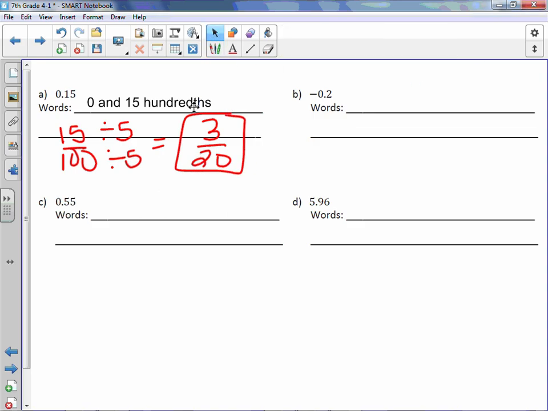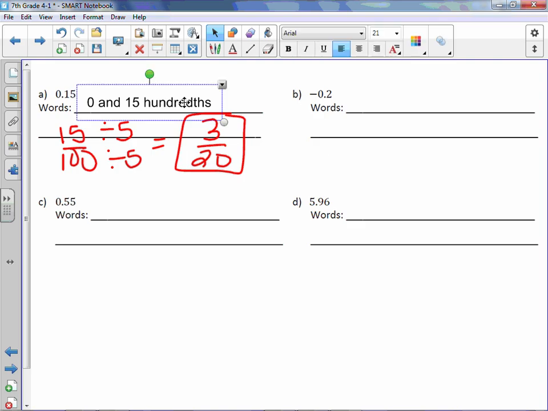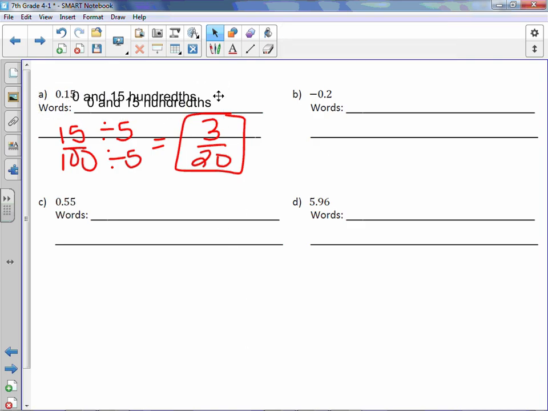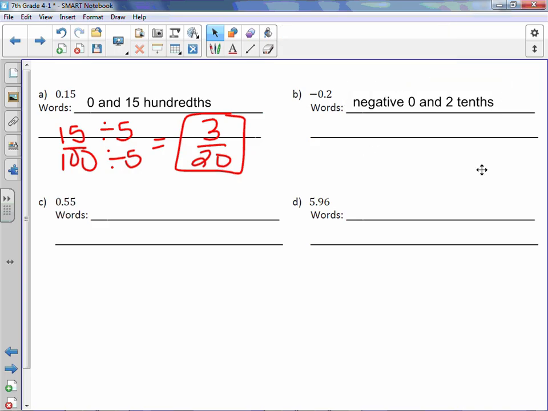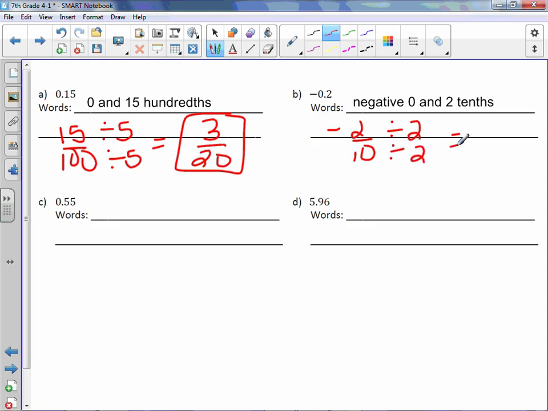Letter B would be negative 0 and 2/10. So we would write negative 2 over 10, reduce by dividing numerator and denominator by 2, and we get negative 1/5.